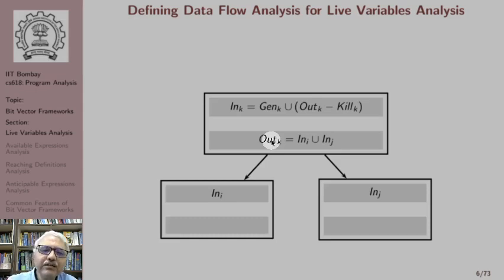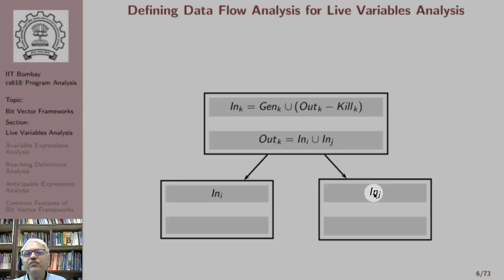Recall our definition of liveness was that a variable is live if it is used along any path starting from that program point. And therefore, in order to compute the set of variables that are live at the exit of a basic block, all we have to do is to find out the variables that are live at the entry of a successor, and do so for each successor.